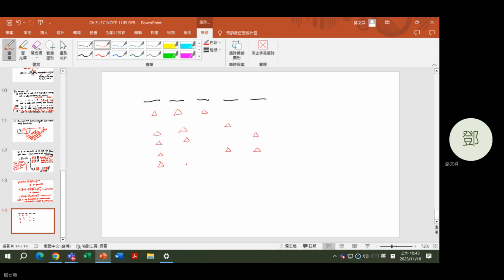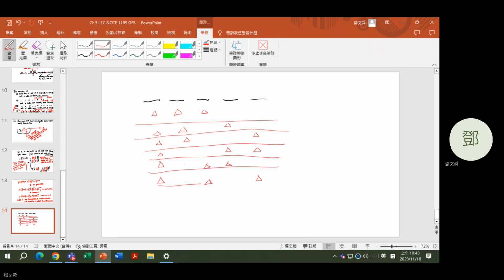I think no more. You can choose such 3, such 3, such 3, such 3, such 3, such 3.